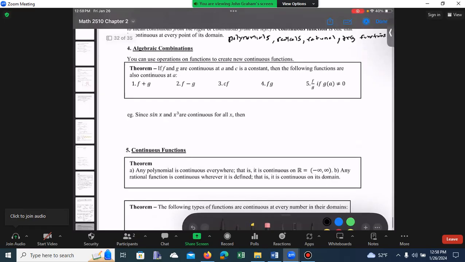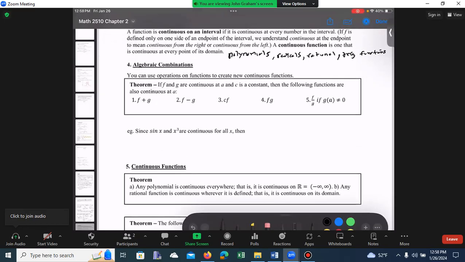And I will write these later too as well. Right, so we can use the operations of functions like we would for composites or combining functions in much the same way. If f and g are continuous at a and c, a for f, c for g, then the following functions are also continuous at a.